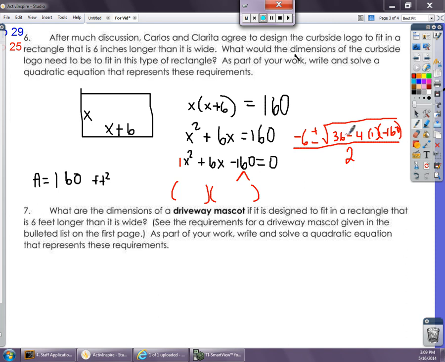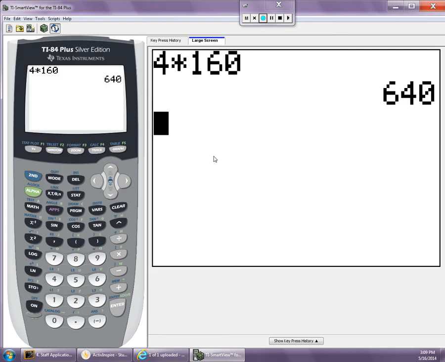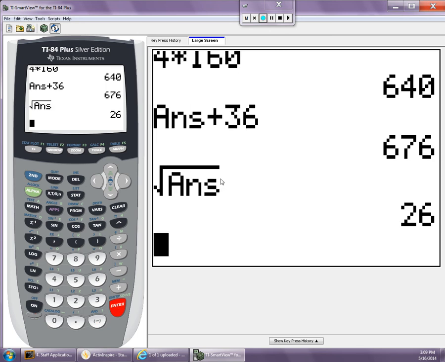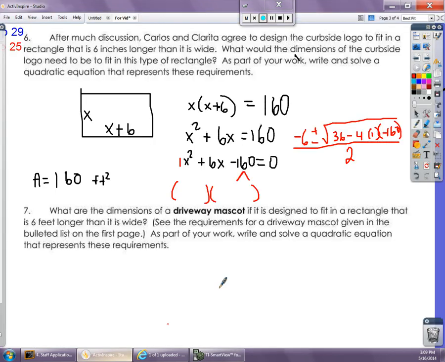So it's going to be 36 plus 640, which is 676. Let's see if you can take the square root of 676. Yep, it becomes exactly 26. So you get negative 6 plus or minus 26, divided by 2.